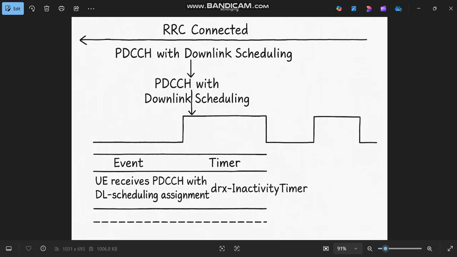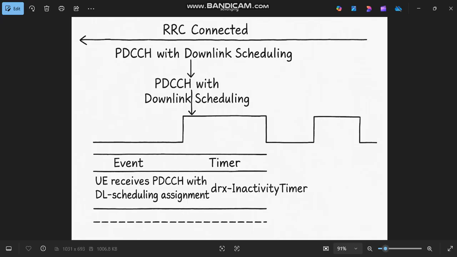But as we upgrade, if we get that PDCCH with downlink scheduling from the base station to the UE, this is a smart way of handling things. Automatically the UE will increase its DRX inactivity timer, meaning it is open to getting that downlink data for a more increased time.